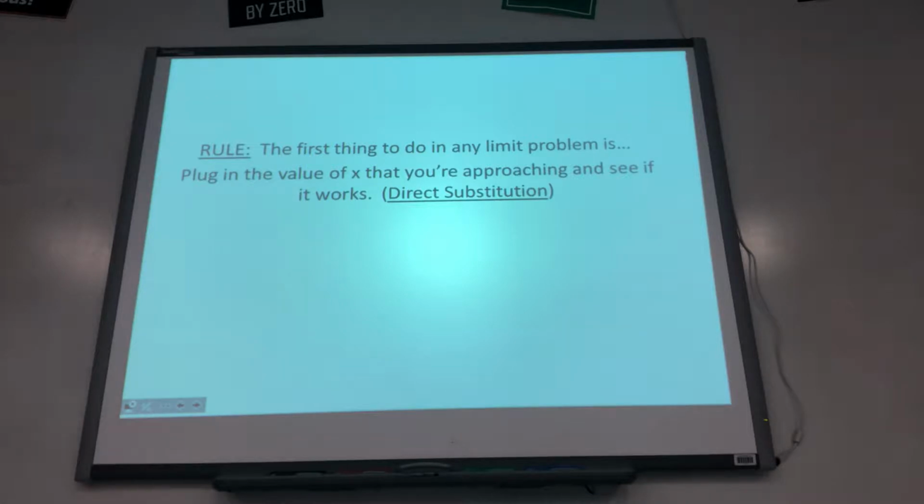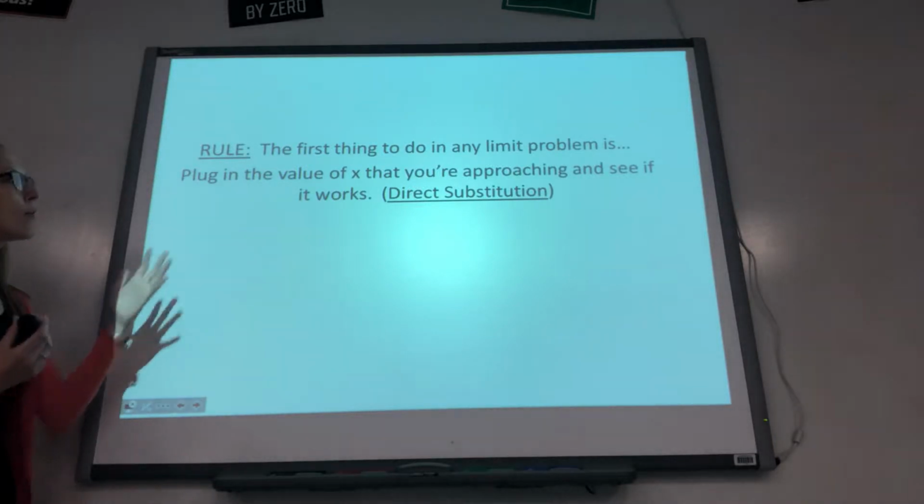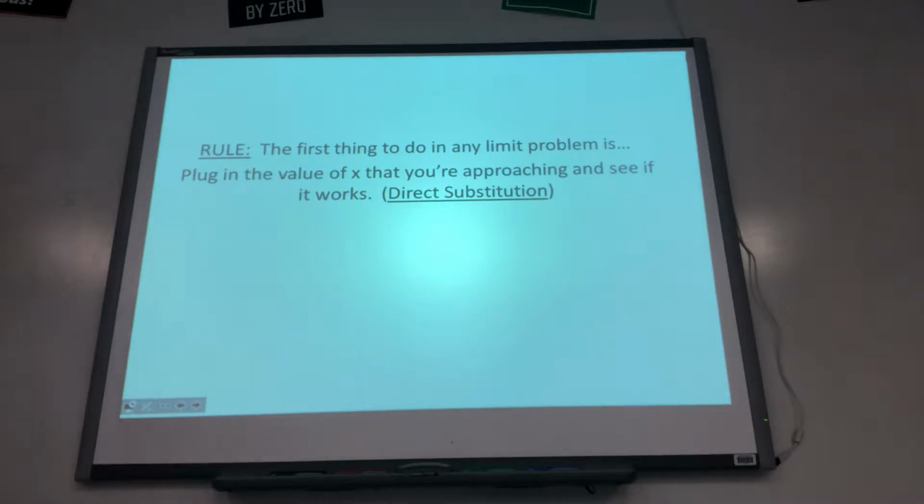That part might not make a whole lot of sense right now. How do I know if it works or not? We'll get to some examples that'll make that more clear. But we call this method direct substitution. And it's the easiest way to find a limit. So it needs to always be the first thing that you try, unless it says you have to use a table or something like that, if it's specific about how to do it that way.